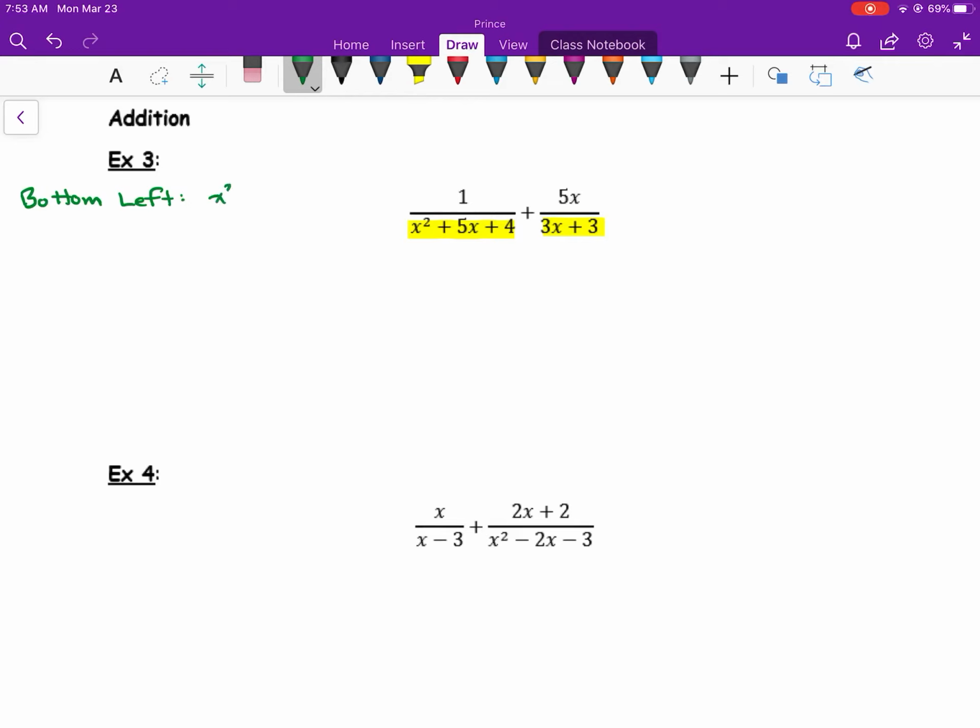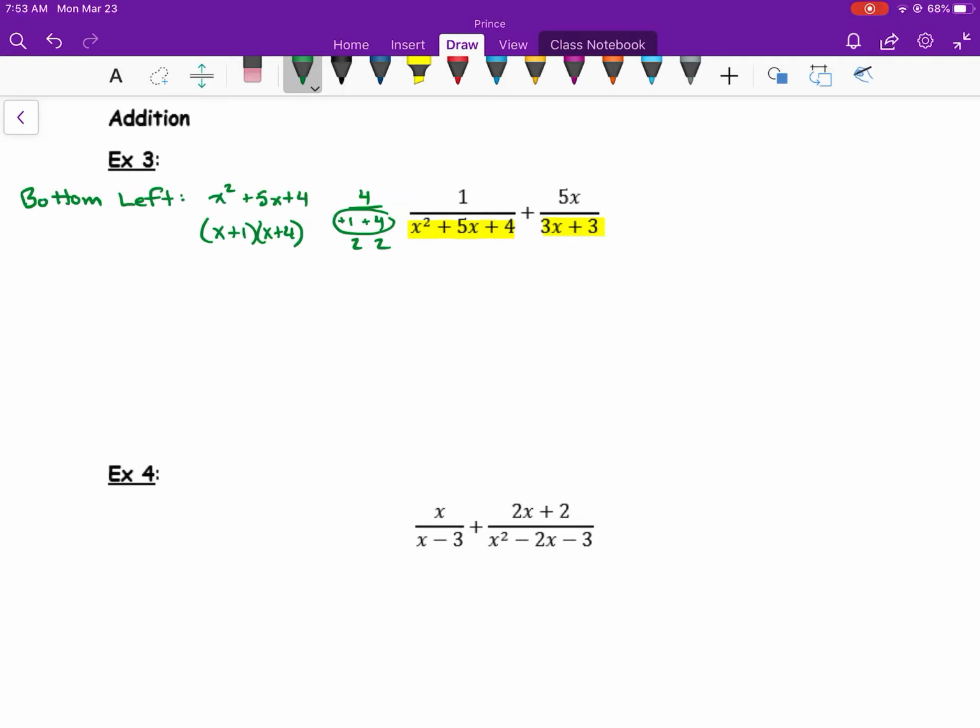Okay, and that's going to be x squared plus 5x plus 4. So first times last gives me 4. Factors of 4 are 1 and 4, and 2 and 2. The way they add to 5 is positive 1 and positive 4. So this becomes x plus 1 and x plus 4.